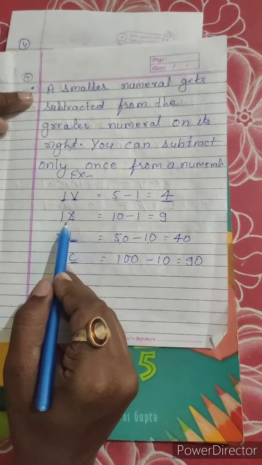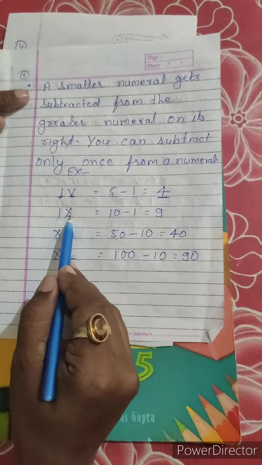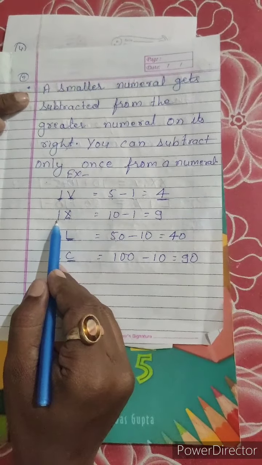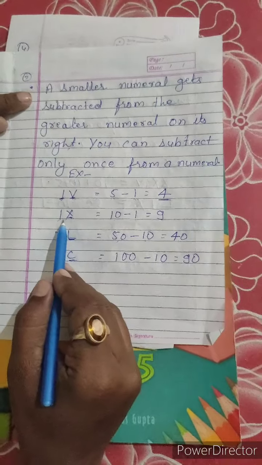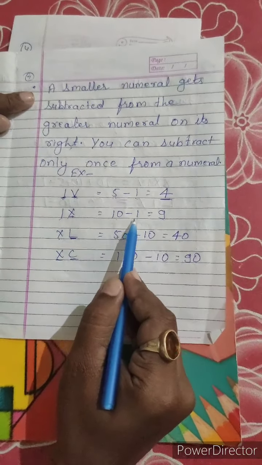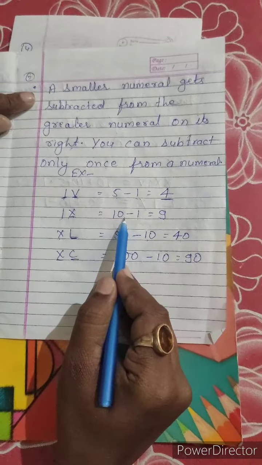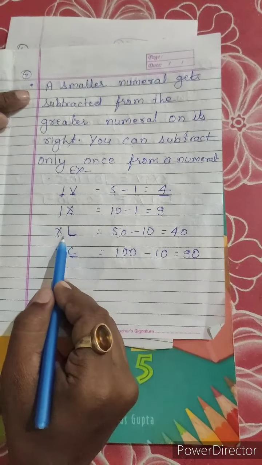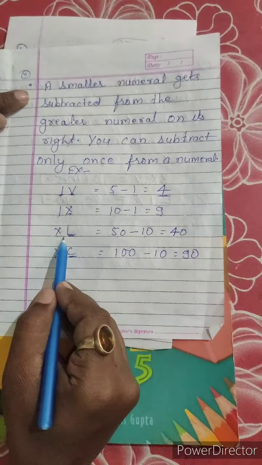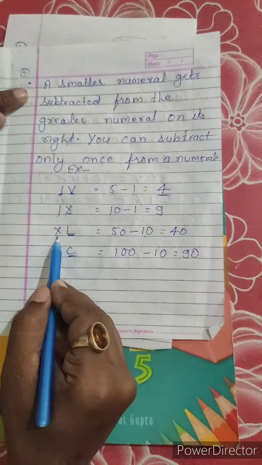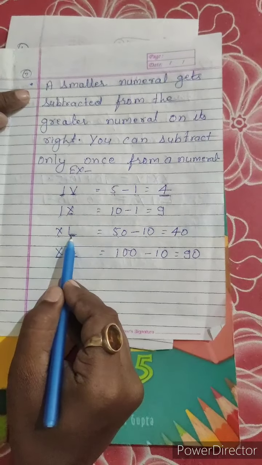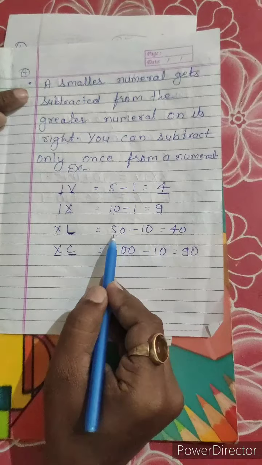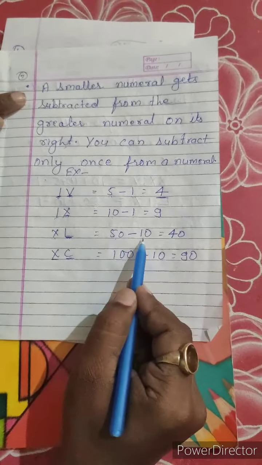Now next example is IX, and I is written on the left side of the X, so it gets subtracted. So we subtract 1 from 10 and the value becomes 9. Again, next example is XL. X is written on the left side of the L, so it gets subtracted again. The value of L is 50 and the value of X is 10.